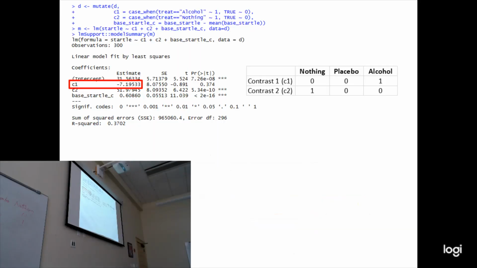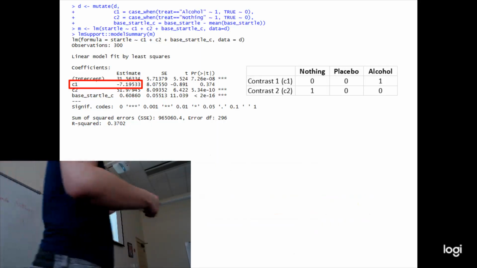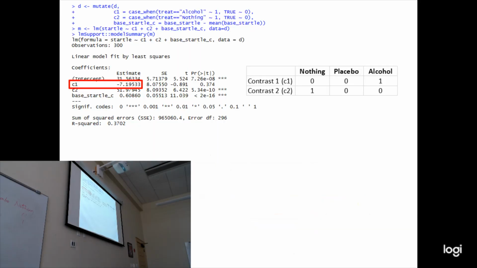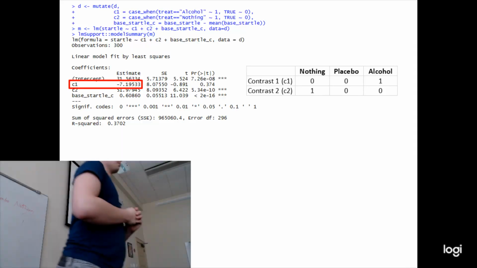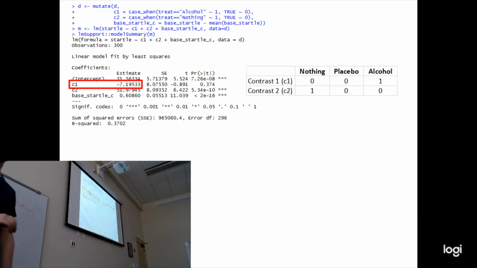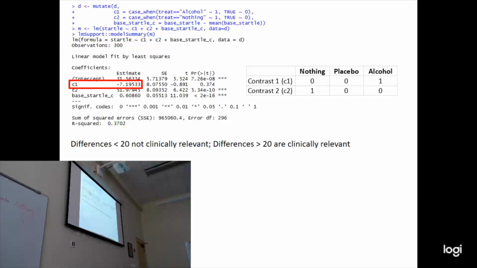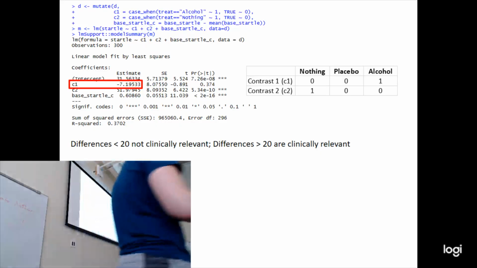At this point, I mentioned how I'm just dealing with this hypothetical example where a difference smaller than, say, 20 might be considered unimportant for clinical purposes. So I can use that information to do an equivalence test.